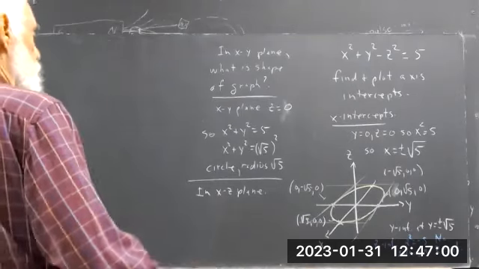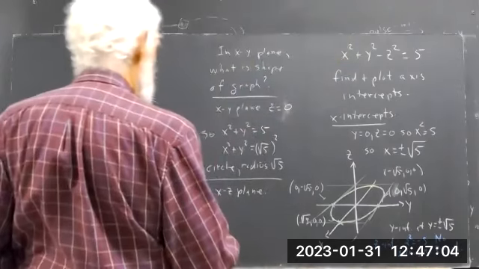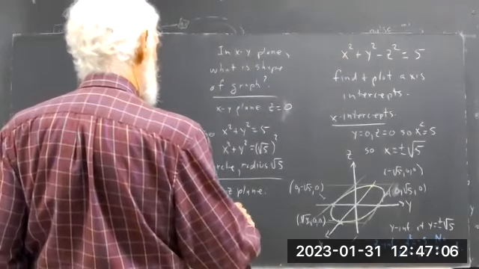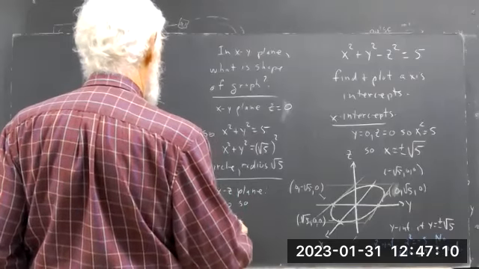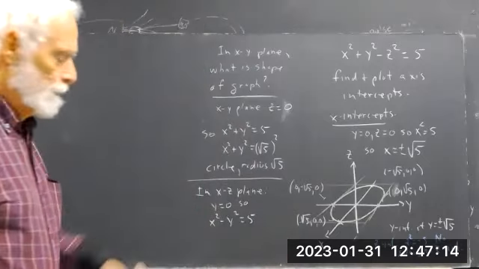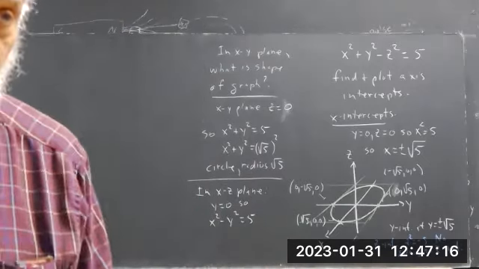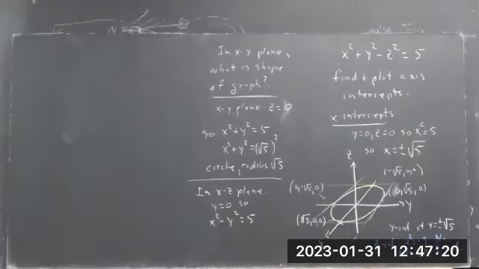Okay, so I'm pretty confident. You see that in the XZ plane, y is 0. Okay, now that's a conic. What's the standard form of that conic, and what is the shape?